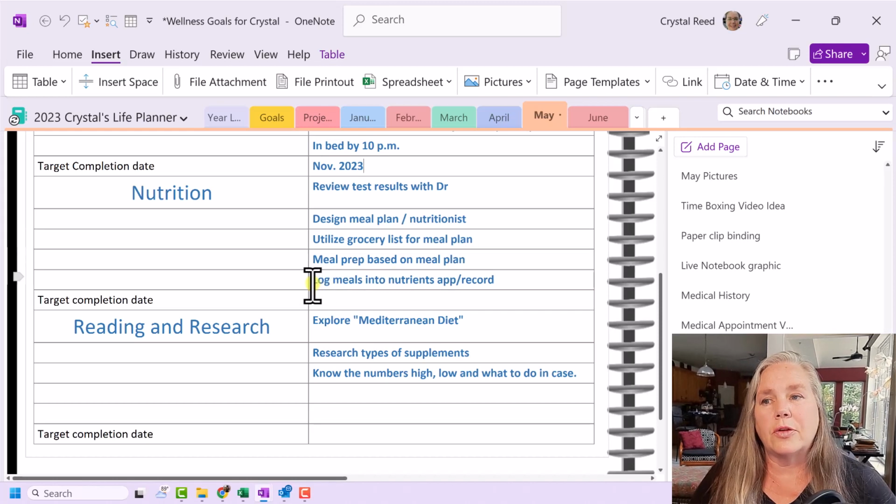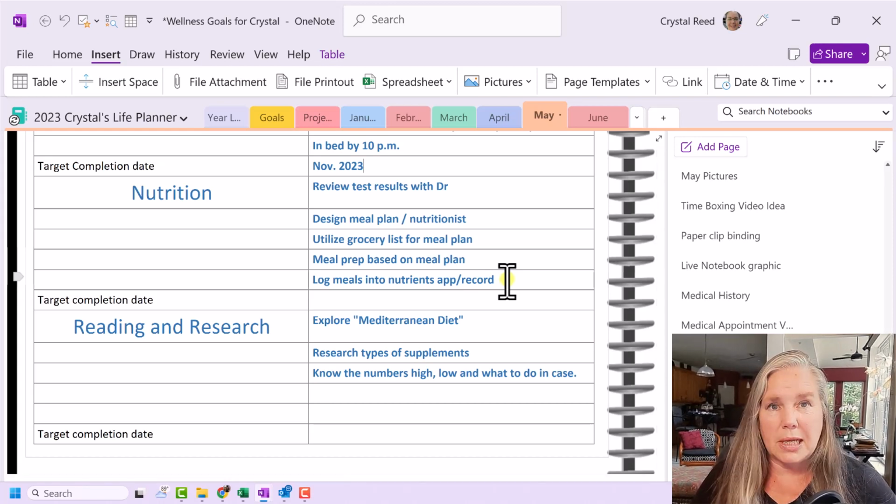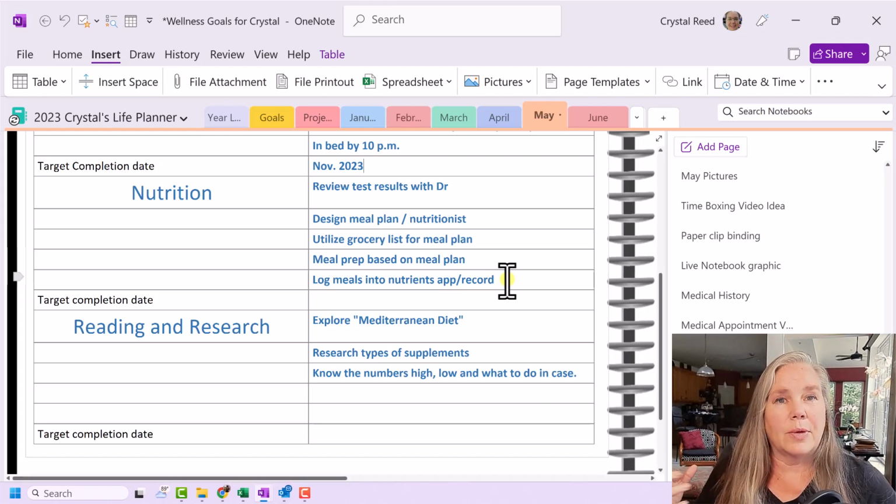Now, another way that I need to keep track of things is I need to log those meals into a nutrients app and record that information, okay? I happen to use MyFitnessPal, which is on my phone. It's pretty easy to use. I don't use it consistently because once I know what a good breakfast meal looks like, if I know I'm having my 2 eggs and my 1 piece of whole wheat toast and my coffee, I kind of have an idea already of what that calorie and nutrient looks like.